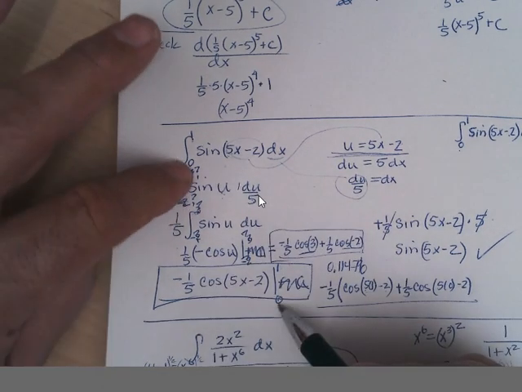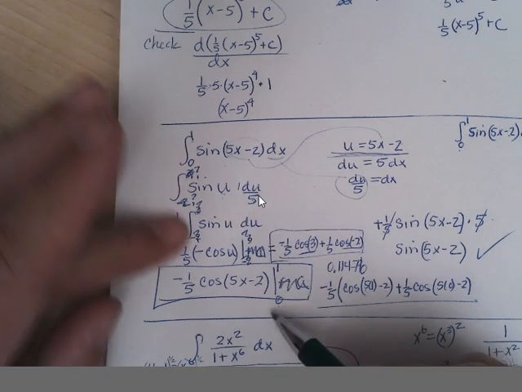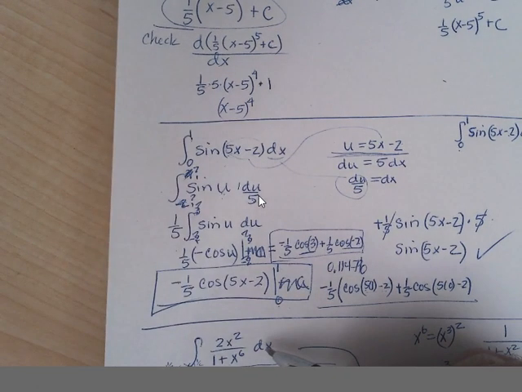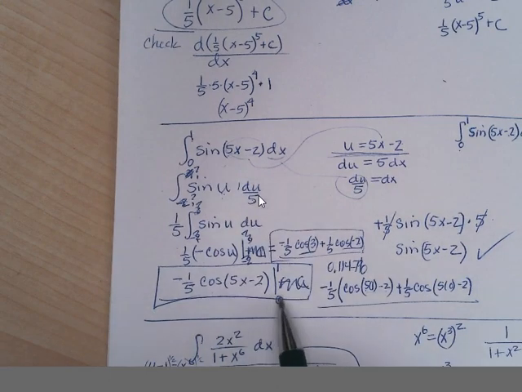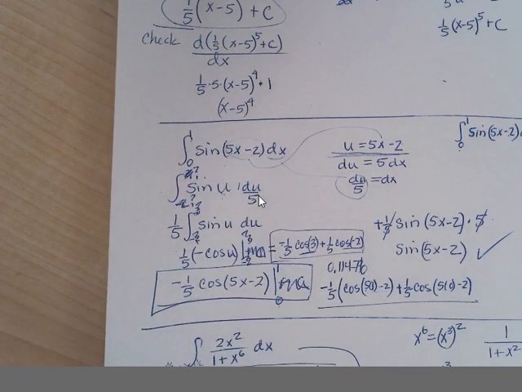Oh, now I do. They're back to 0 and 1, and I could have avoided figuring out the limits for u just by skipping that and getting back to x and then doing the limits. So you've got a choice there.